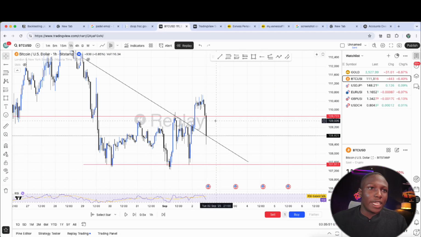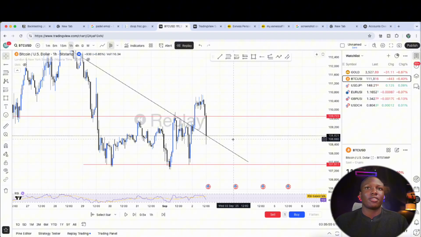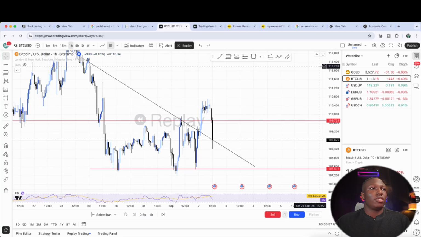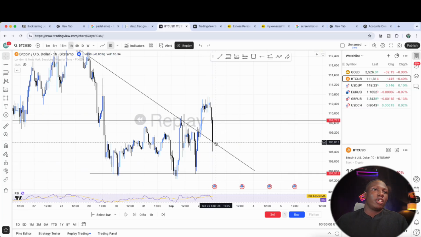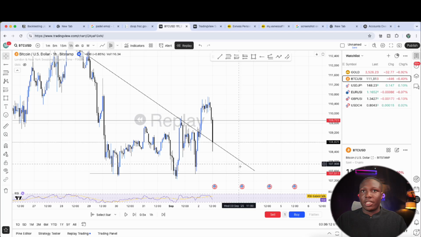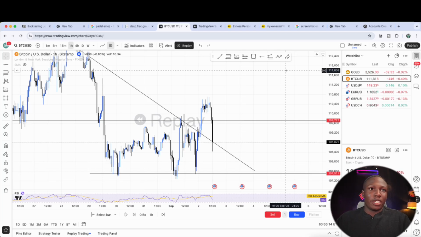Price came back again to retest this downtrend line. Now I'm looking for price to show me a reversal to the upside, a candlestick reversal, and I'm going to enter for a buy because I have a bias on Bitcoin.